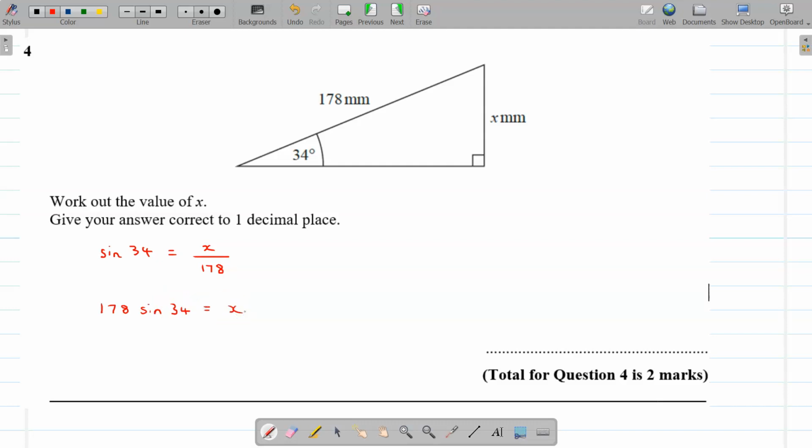And then you just put that in the calculator, and that comes to be 99.5, 99.5 to 3 significant figures, or one decimal place. It says 99.5, and it is millimeters. They haven't put the units here for you, so you must make sure you do, to 1 dp.